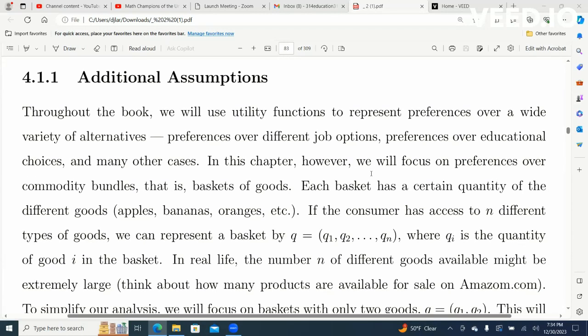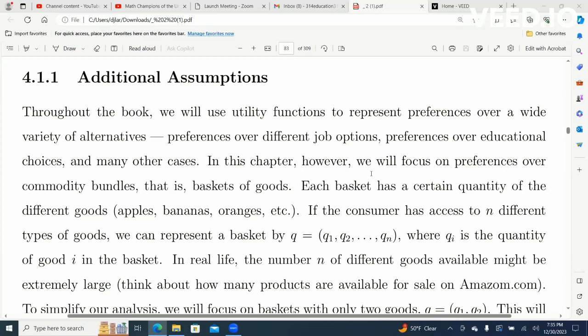So throughout the book, we will use utility functions to represent preferences over a wide variety of alternatives. Preferences over different job options, preferences over educational choices, and many other cases. In this chapter, however, we will focus on preferences over commodity bundles, that is, baskets of goods.